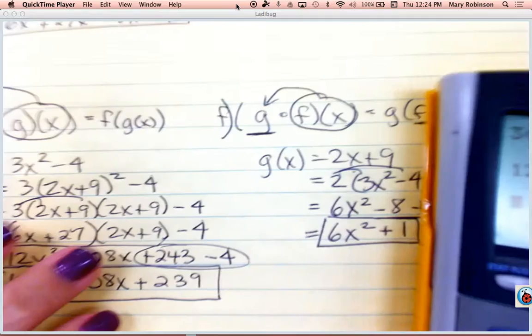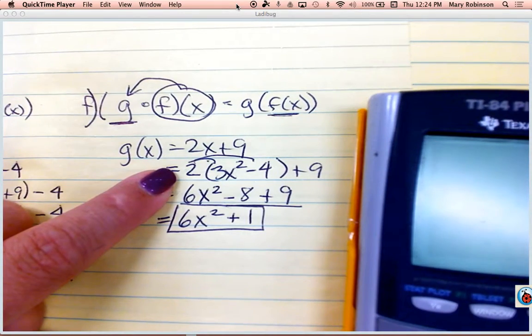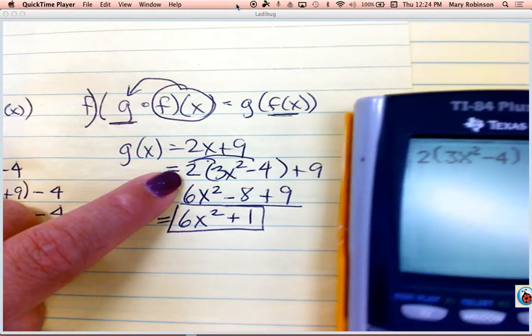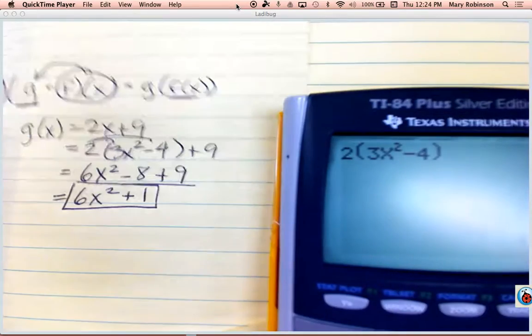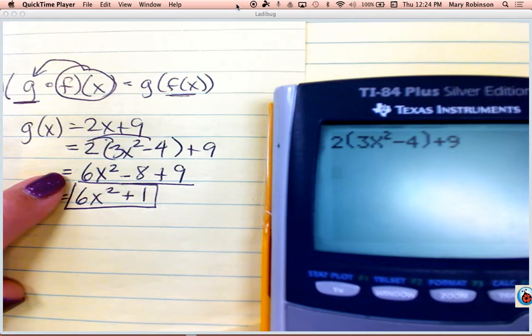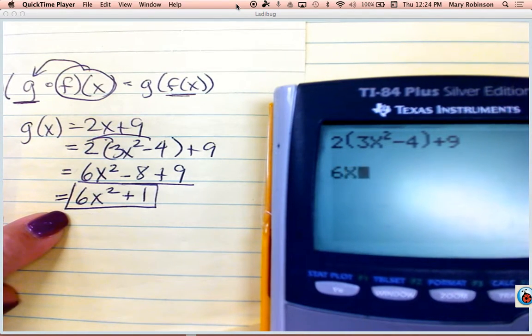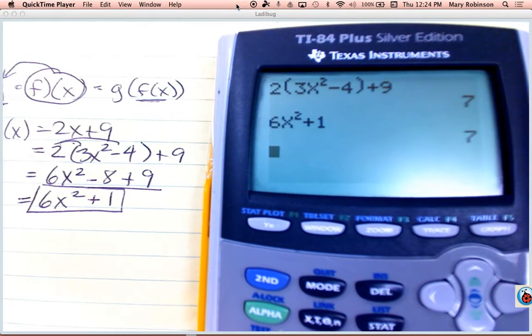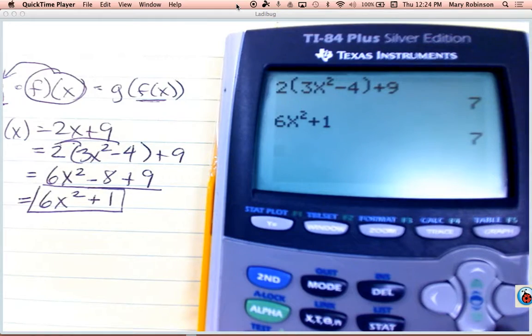So if we check out our work again here, 2 parentheses 3x squared minus 4, close parentheses, add 9, and then type in 6x squared plus 1, our output values match. Okay, so that tells me my answer is right.